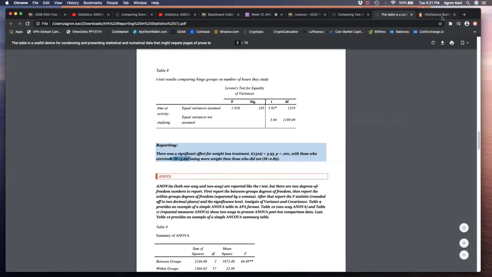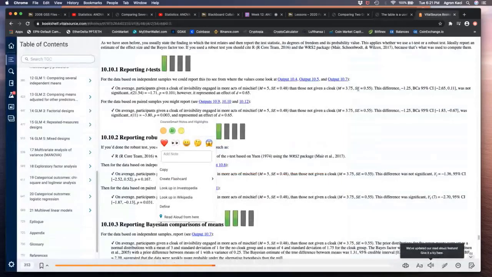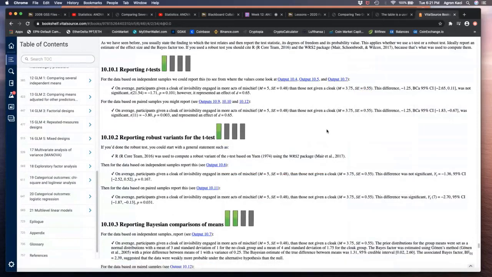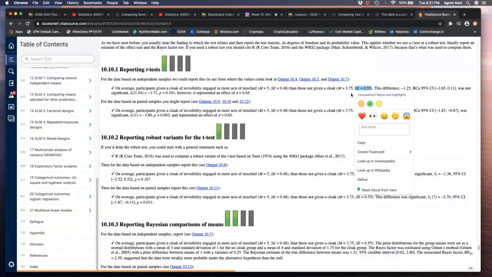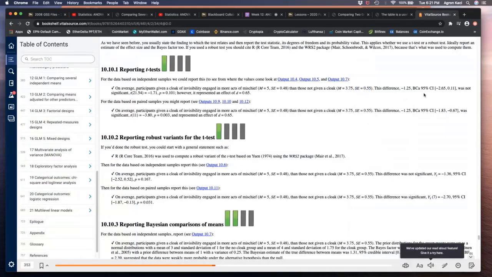If you want to put more, just like in the book, you can, but generally in APA style, I don't think that these have been there for a long time, like the standard deviation or the standard error or the confidence interval or the 95% confidence level. Okay, so that's that.